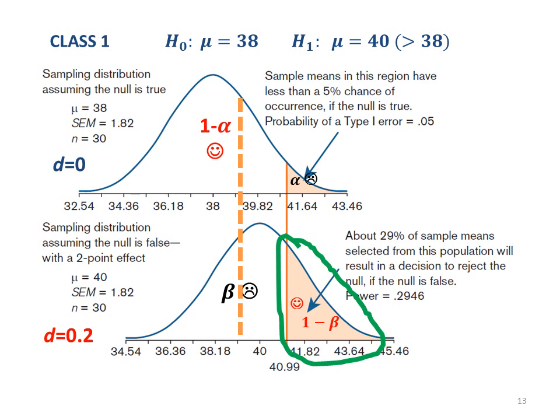And imagine if we move this cutoff line to the left, we'll increase both the type 1 error and the power. And if we move it to the right, we'll reduce both the type 1 error and the power. We want a bigger power, but we don't want a bigger error.